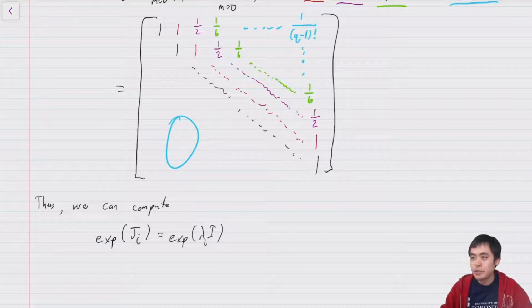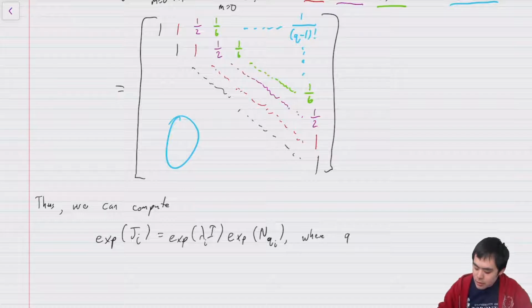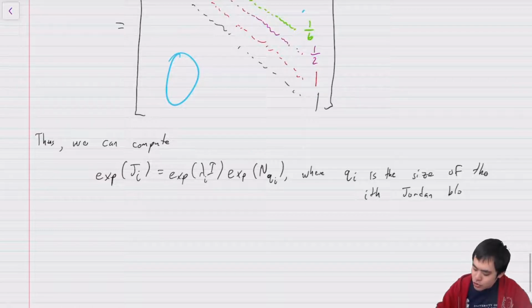That's just a diagonal matrix, so taking the exponential just means taking the exponential of each of the diagonal terms, times this nilpotent matrix, n sub q sub i, where q sub i is the size of the ith Jordan block.